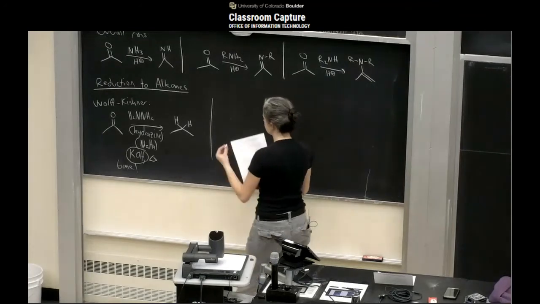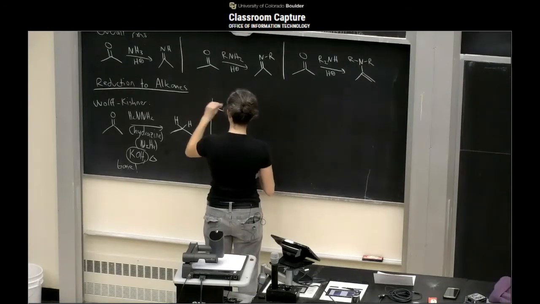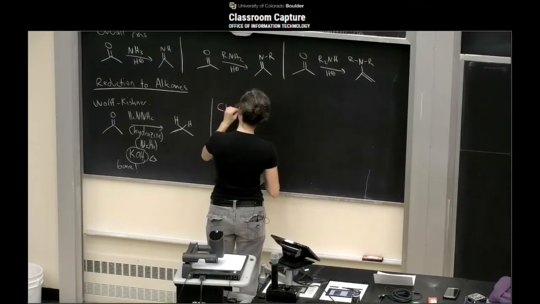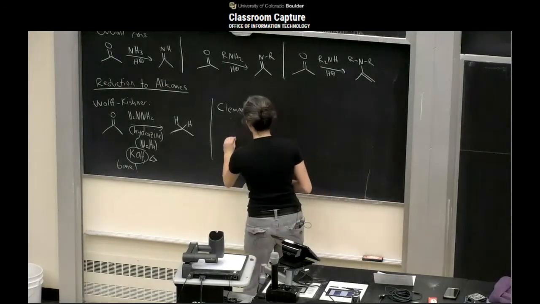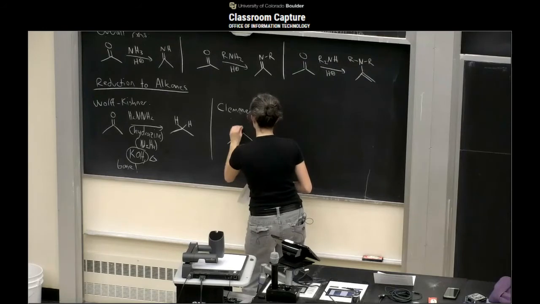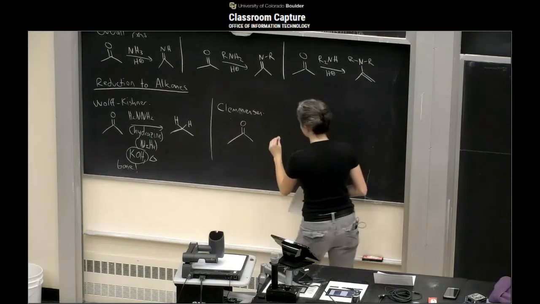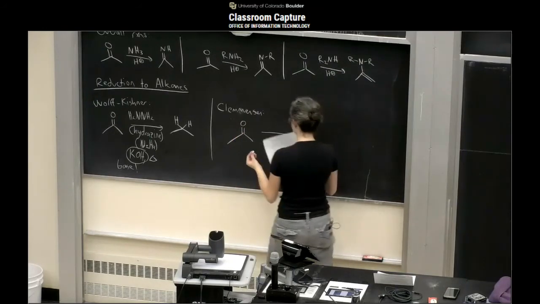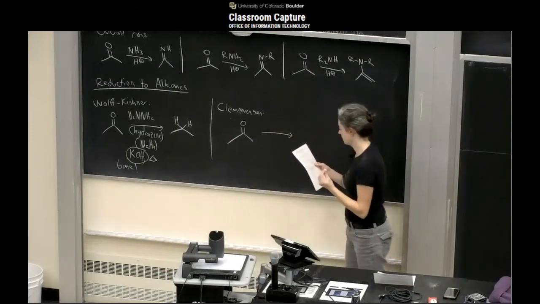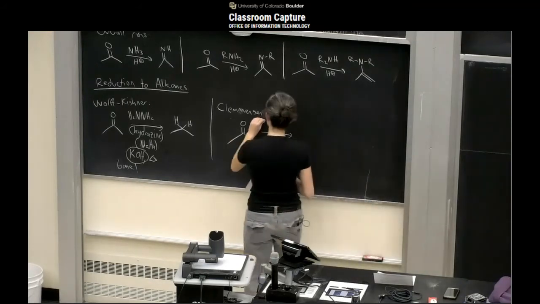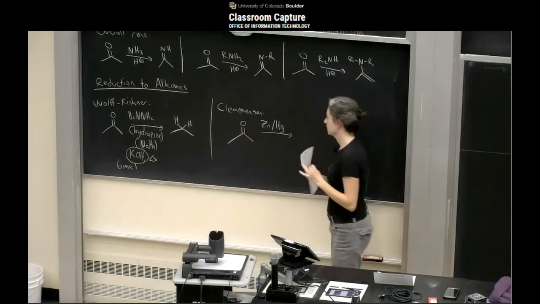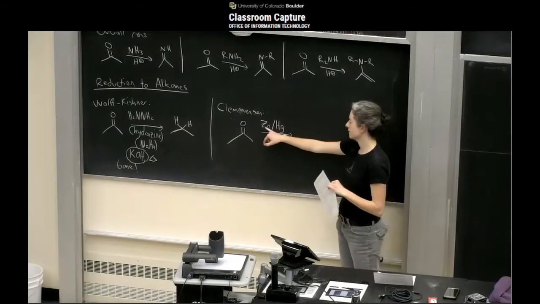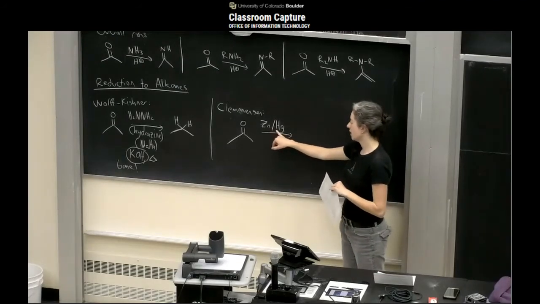The other one is called Clemmensen Reduction. And this one uses transition metals. So for this, we're actually going to use something that's written as ZnHg. So this is zinc and mercury mixed together.